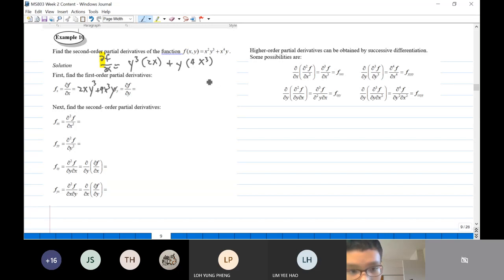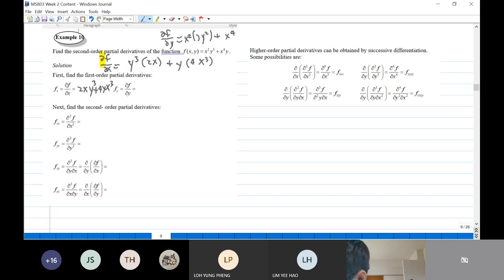Whereas if I differentiate with respect to y, I have x squared times 3y squared plus x to the 4 times 1.